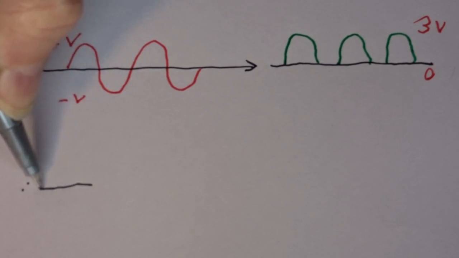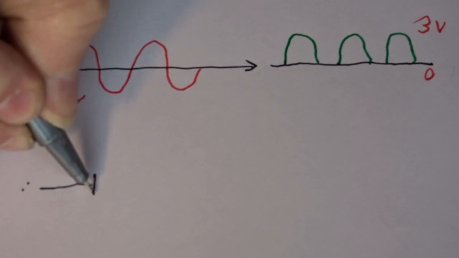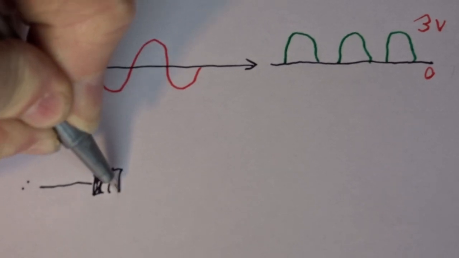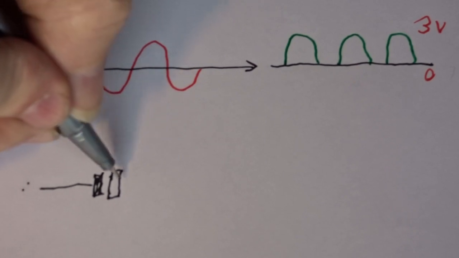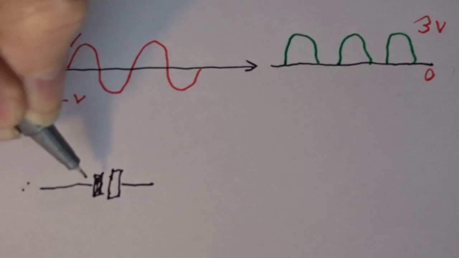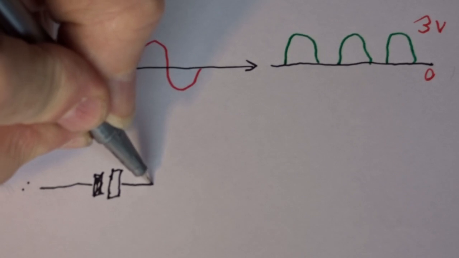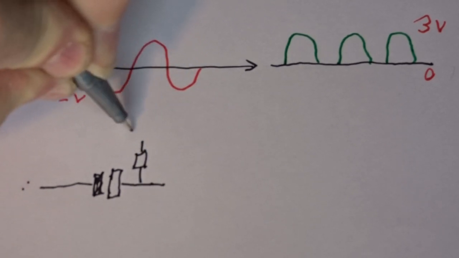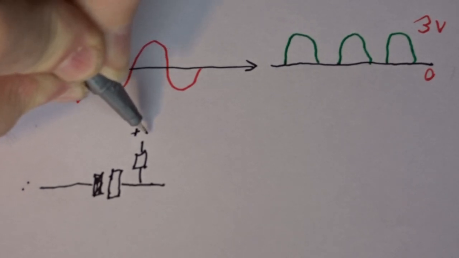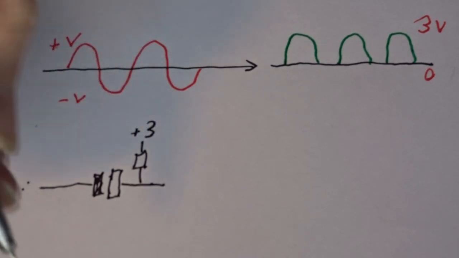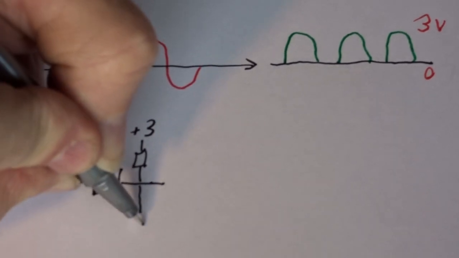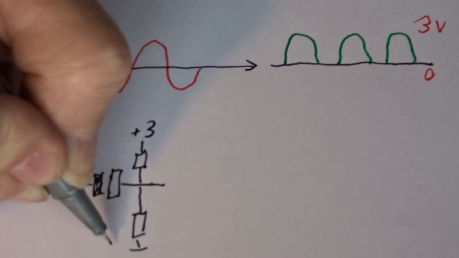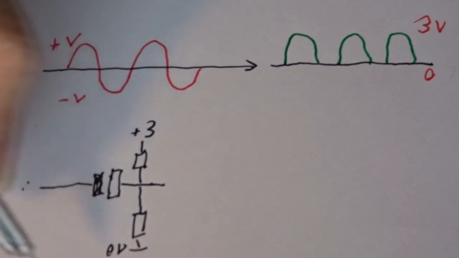So what I propose is we take the Eurorack input, we run it through a capacitor. That's going to remove essentially the DC component, so we've then got a floating component, and then we're going to bias it up to plus 3 volts and down to ground. So 0 volts.